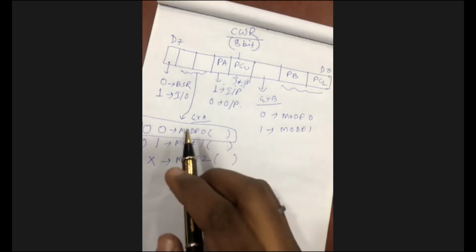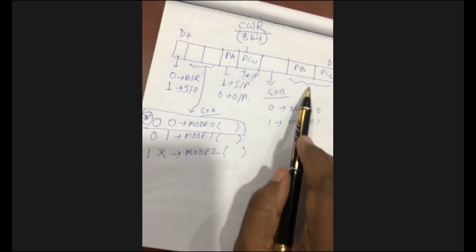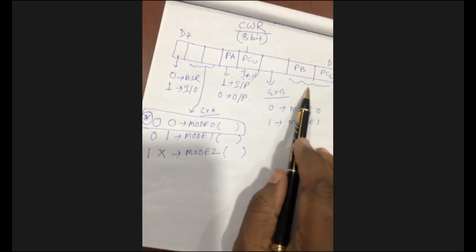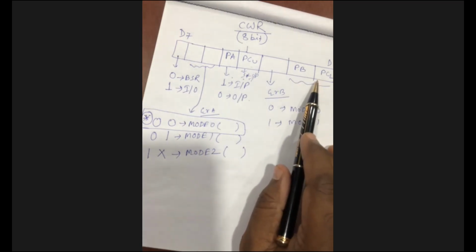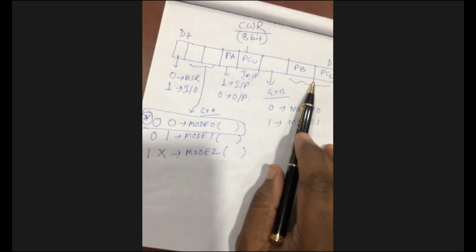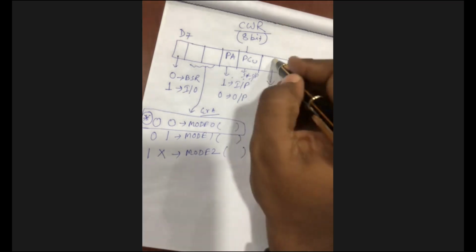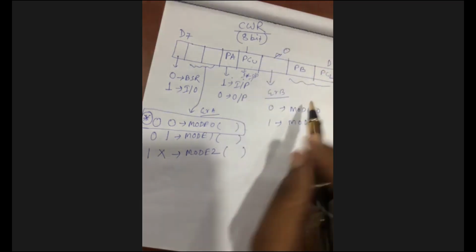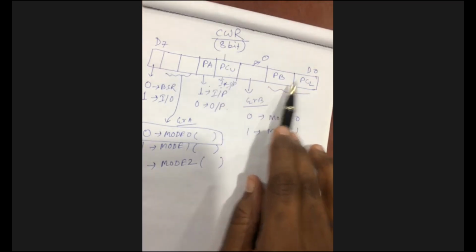Mode 0 means you are going into the simple IO mode, while mode 1 for these two pins, PB and PC lower, means handshaking mode. So always it is 0 whenever you are using mode 0, which is simply IO mode.